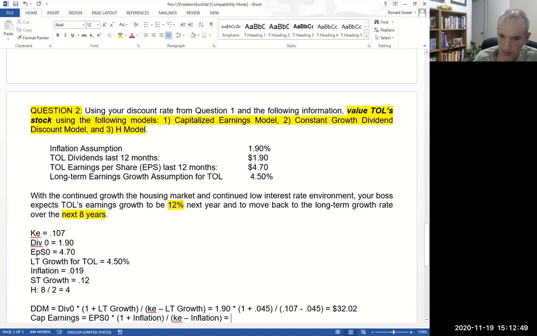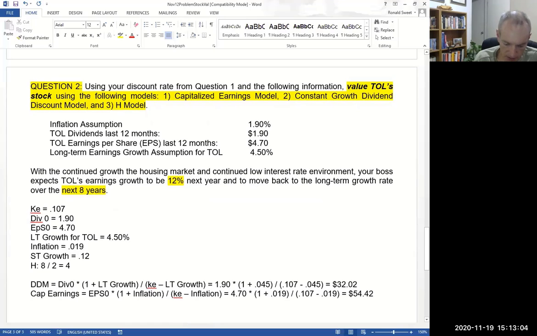In this case, we'll use 4.70 times 1 plus 0.019, divided by 0.107 minus 0.019. That equals 54.42. And then the last one is the H model.